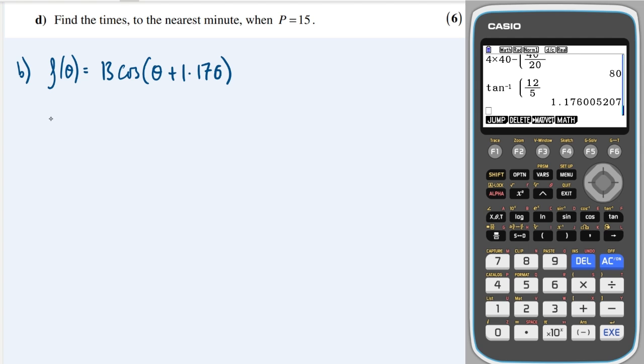Can't get any bigger than that. So f theta max is equal to 13, and this happens when cos theta plus 1.176 is equal to 1.